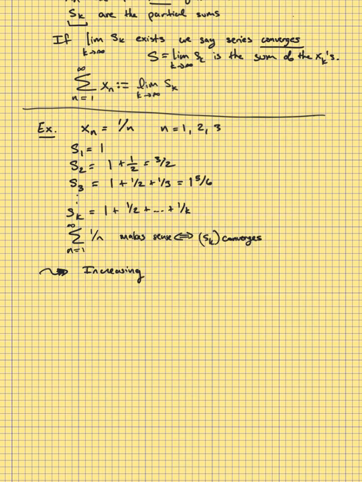The terms are going to 0, but the partial sums are increasing because you're always adding a positive number. So it's monotone, and therefore it's convergent by the monotone convergence theorem if and only if it is bounded. On the other hand, it turns out in this case it's unbounded.